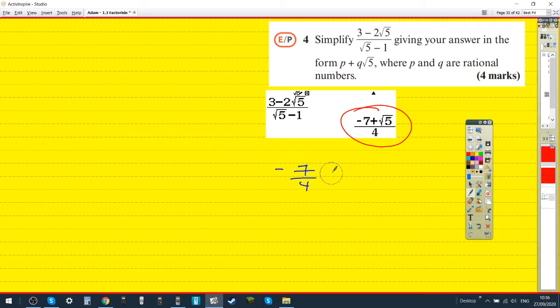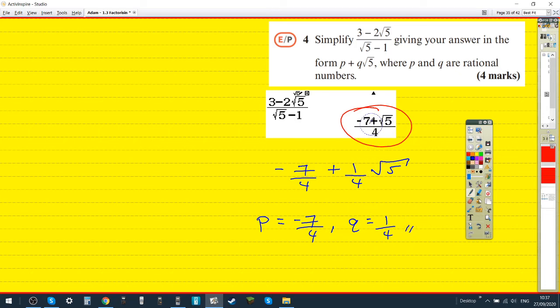Minus 7 over 4 plus this one is like 1 root 5, so it's like 1 over 4 root 5, and so that can be split up. So what actually is P? You said it was minus 7. What is it? It would be minus 7/4. Okay. What is Q? Would be 1 square root 5/4, or just 1/4. Just 1/4. Very good.